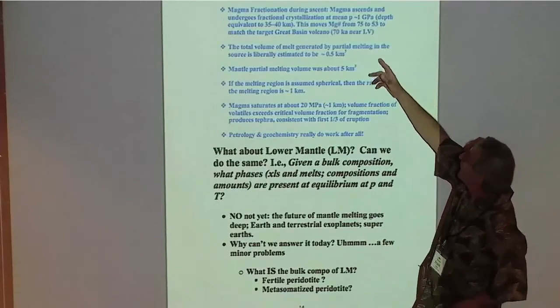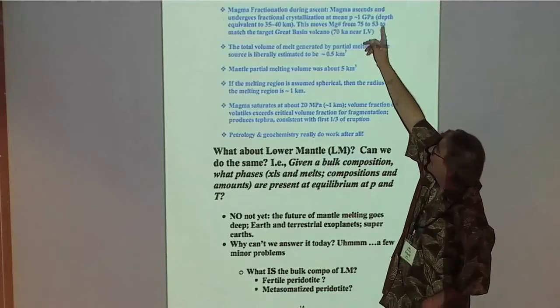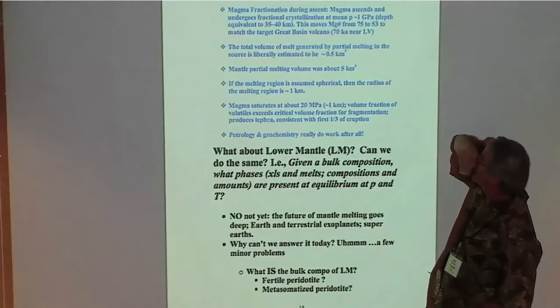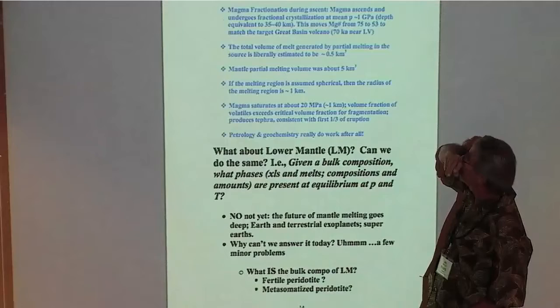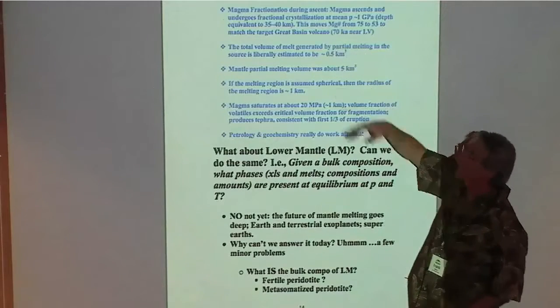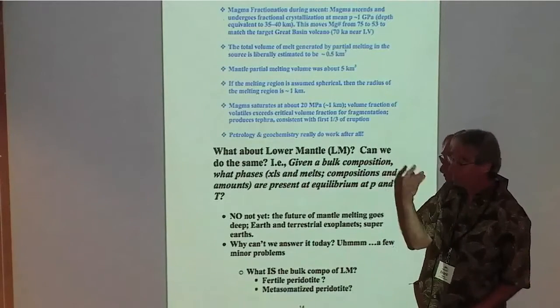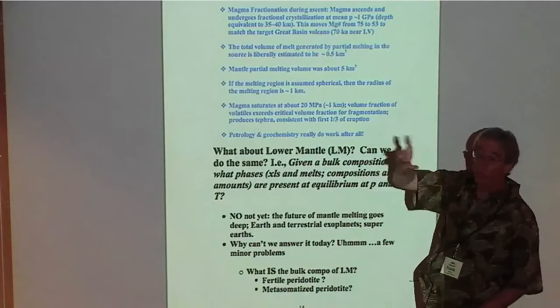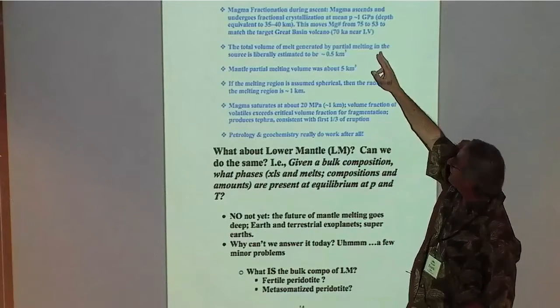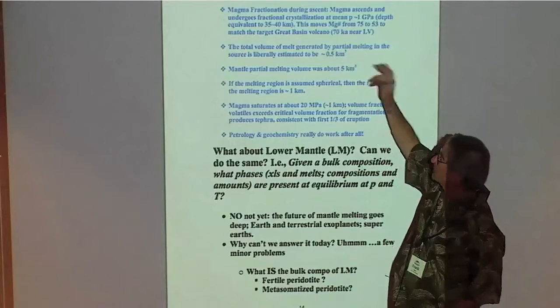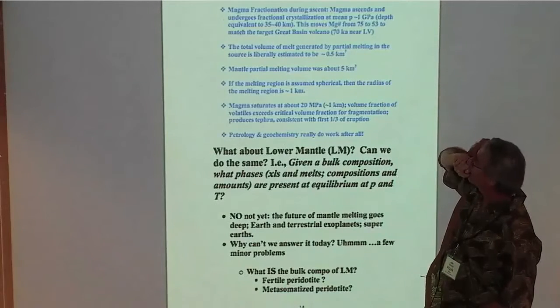And it fractionates at a mean pressure of about 30 to 40 kilometers. And this changes the magnesium number of the liquid from 75, which is very magnesium-rich, very primitive, to about 53, which is what we observed. And we can match this target volcano, right? 70,000 years ago is its age.